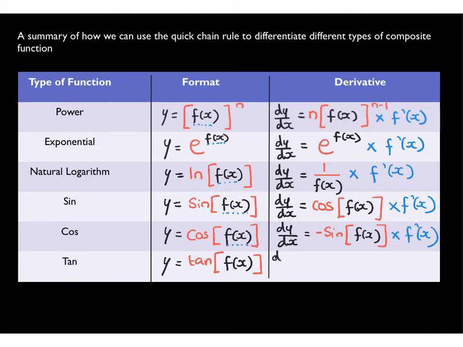And tan x we know differentiates to sec squared x, so in this case sec squared f of x, but again to complete the differentiation multiply by the derivative of the inner function. So you differentiate the outer function as though it is a power, an exponential, a natural logarithm function or a trig function, and then you multiply by the derivative of the inner function.